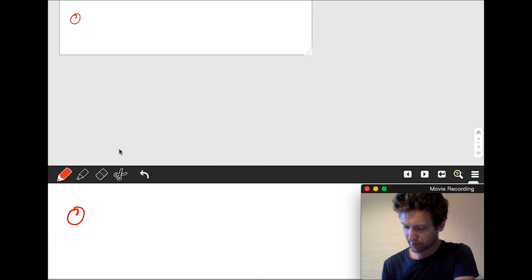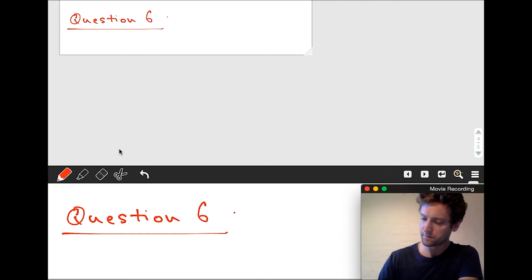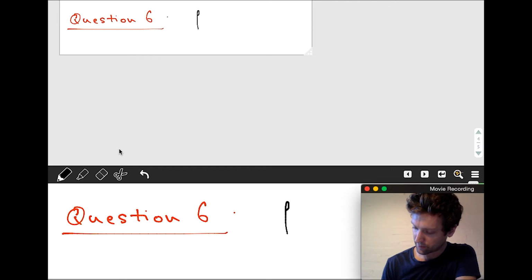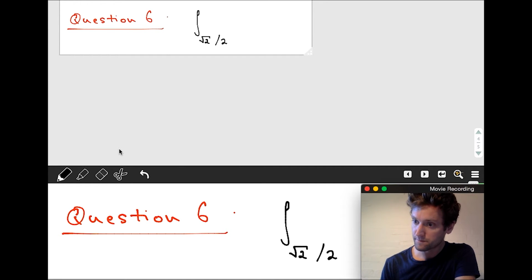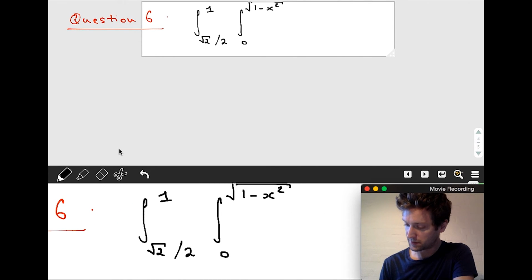So looking at question 6. The integral we're interested in this time is the integral from square root of 2 divided by 2 to 1, integral from 0 to the square root of 1 minus x squared, times dy dx.